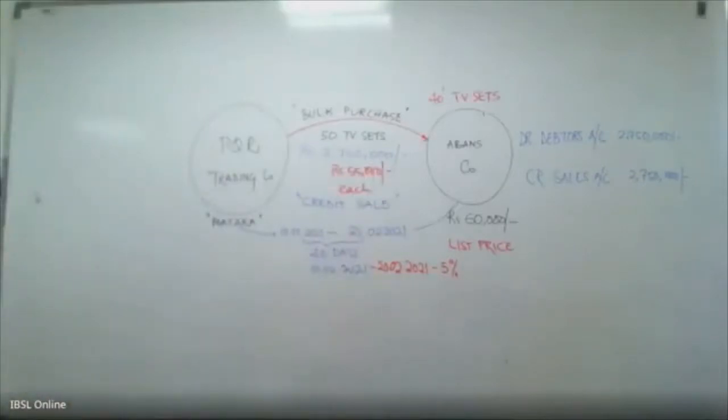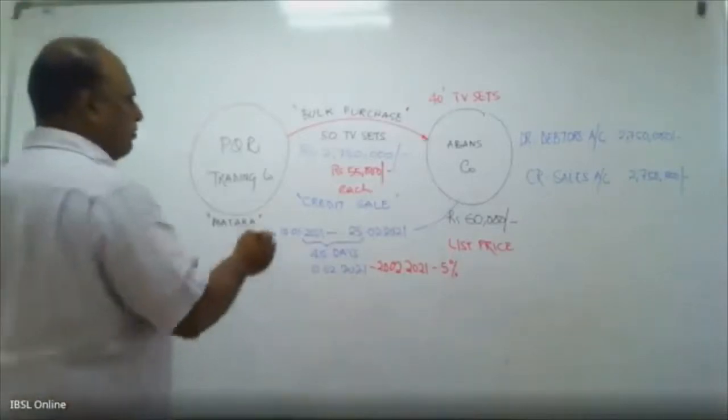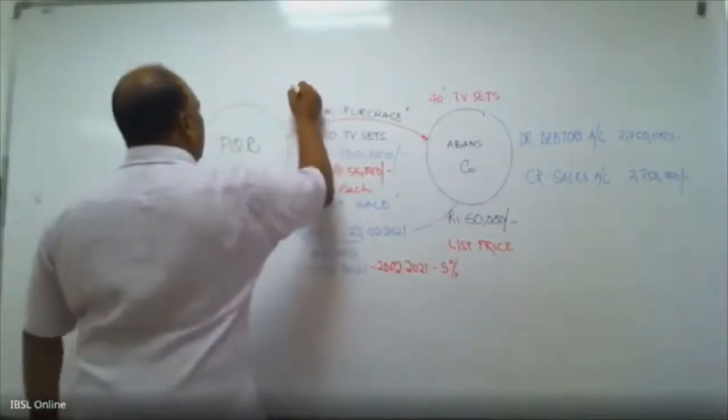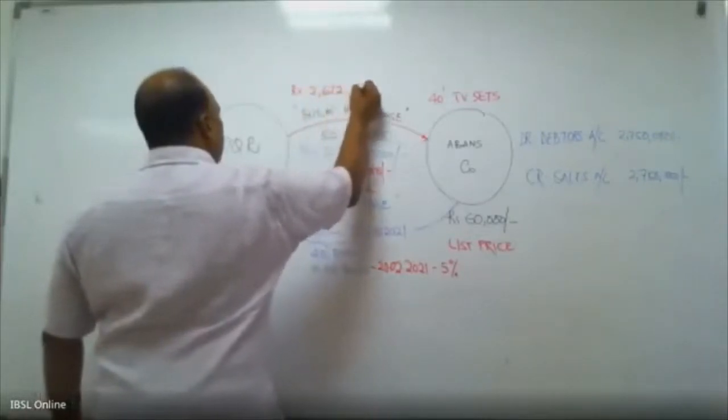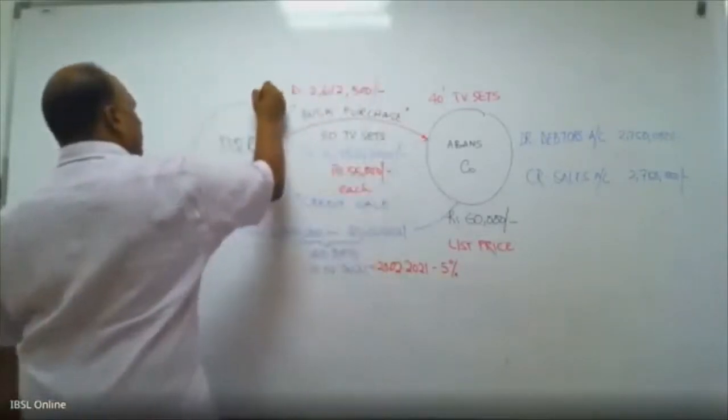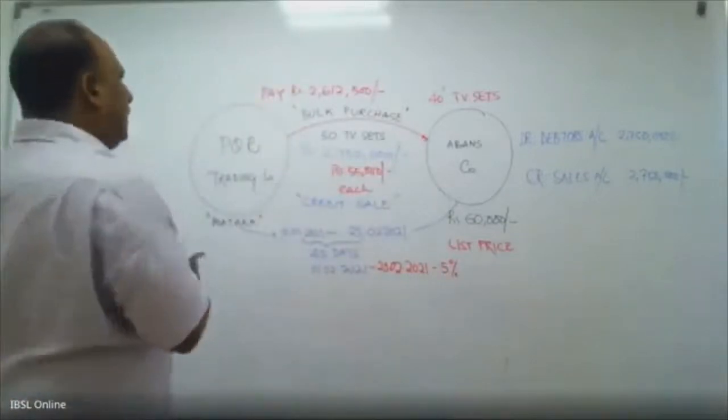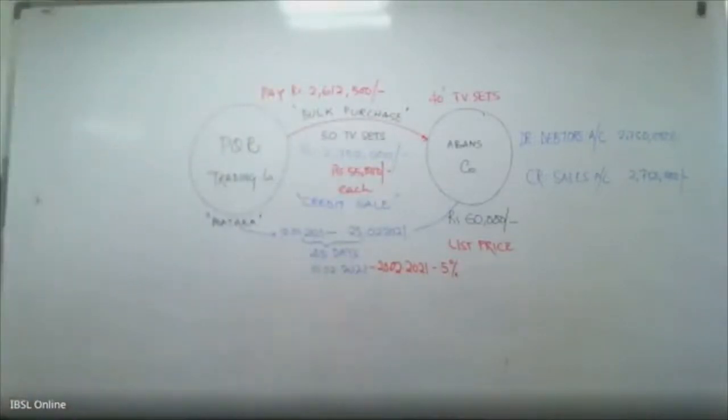So what is 5% on 2750? That is about 2,612,500 is what they have to pay. Okay, so that is a discount.